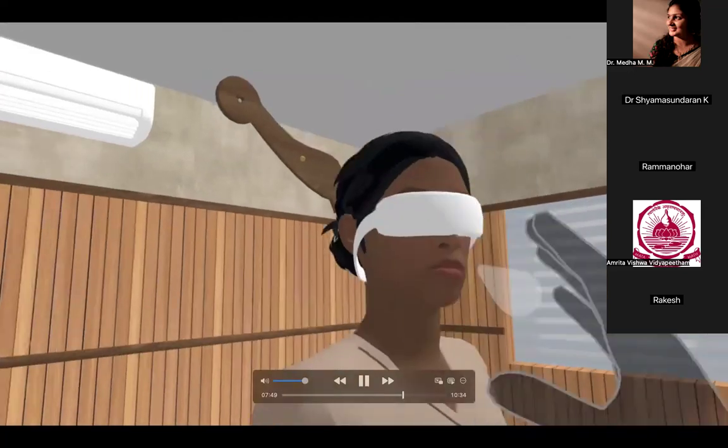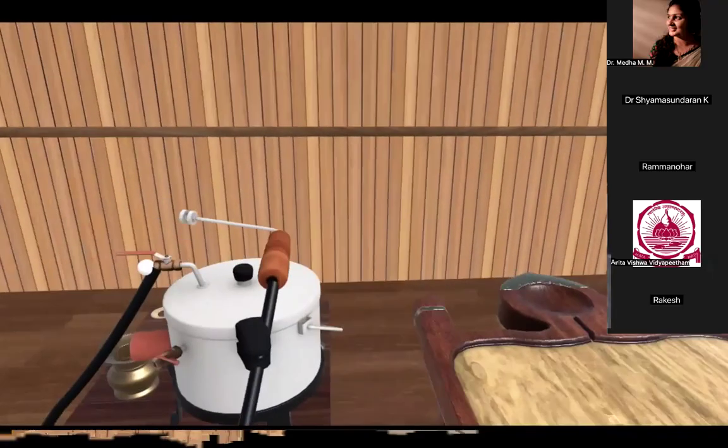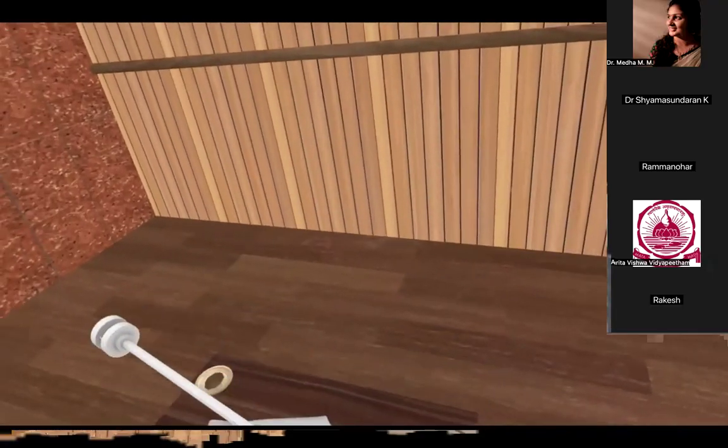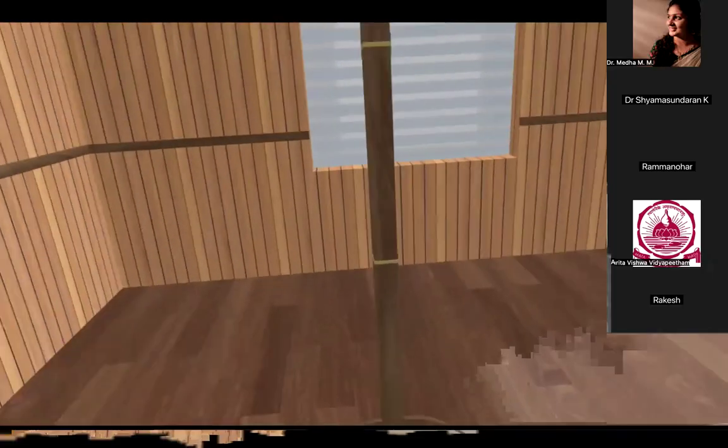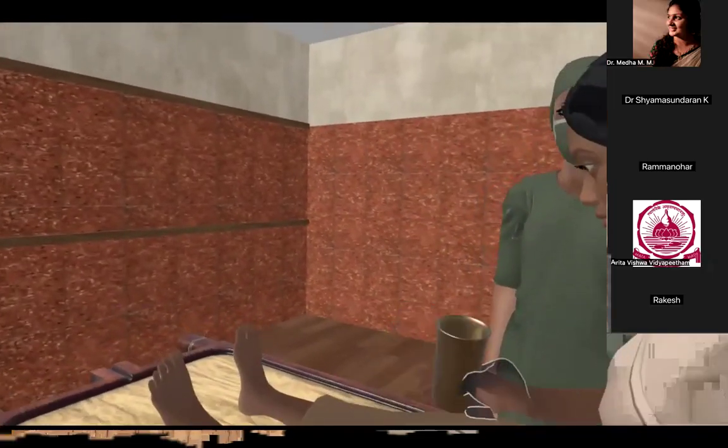Next, we have to place it on the table. Next, we have to give the glass containing Sugoshna Jala to the patient for doing the Gandusha.